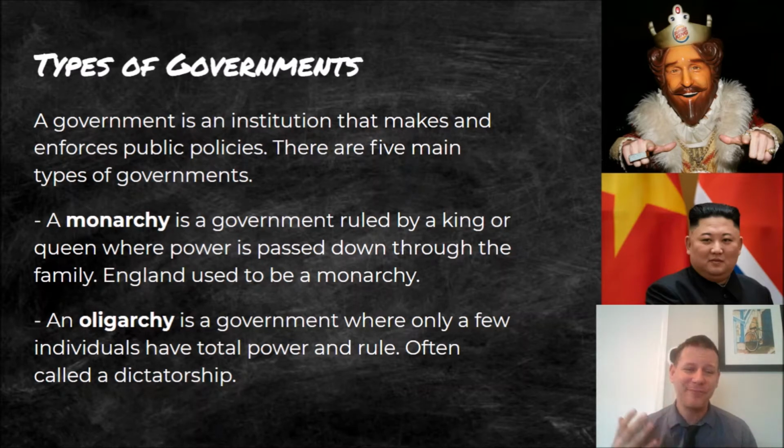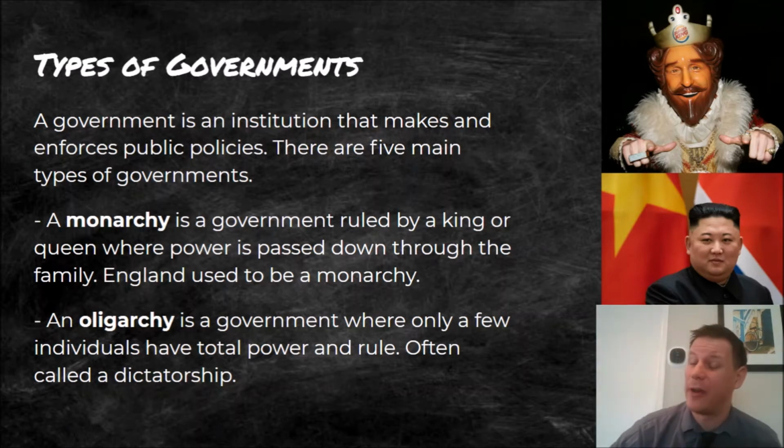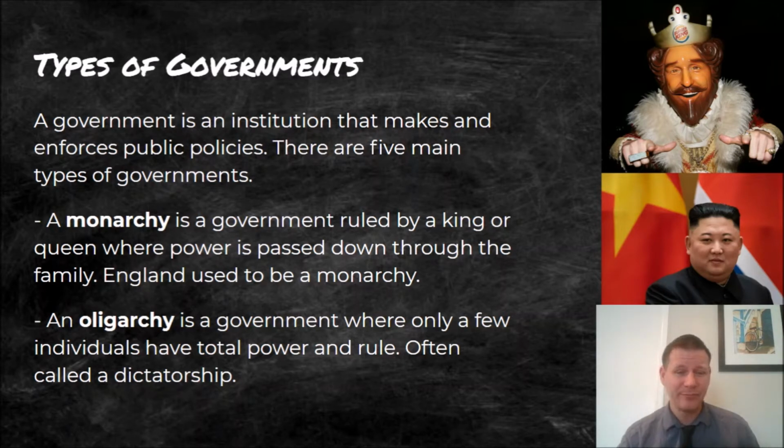But you don't see very many of these around today, though monarchies were extremely popular back in the past. Probably the most common type a very long time ago. Today, not so much. I don't even know if there are any real monarchies anymore. If there are, they're very few and far between.